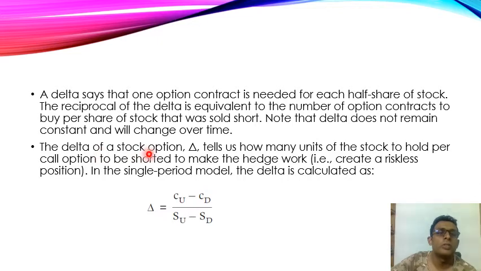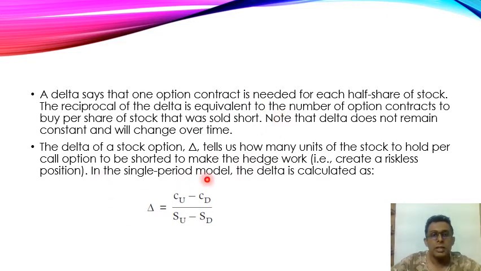So delta of a stock option tells us how many units of stock to hold per call option to be shorted to make the hedge work. So it tells us, if we have a long call option, we will have to take 0.5 of the stock, so that the net position is riskless.